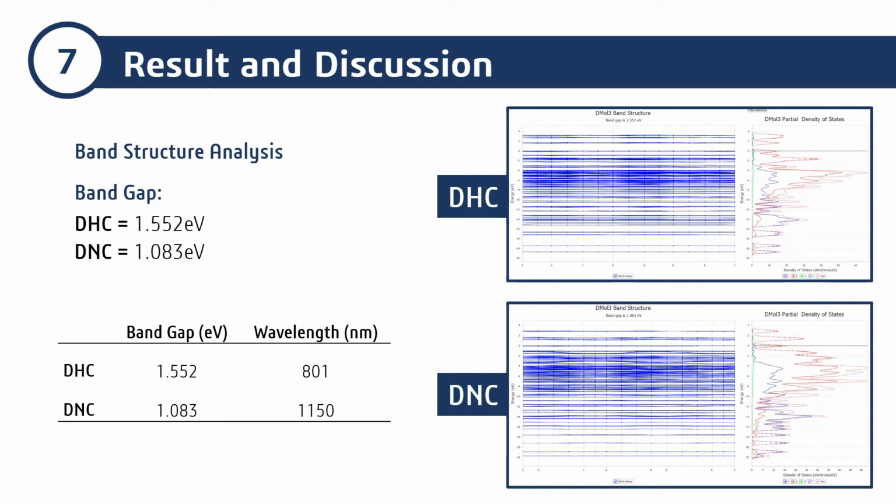Even though HOMO and LUMO of DNC are separated from each other, the low band gap shows electrons in HOMO are easier to be excited to the LUMO state. And from the band gap values, the expected maximum wavelength was calculated and both wavelengths lie in the infrared region.